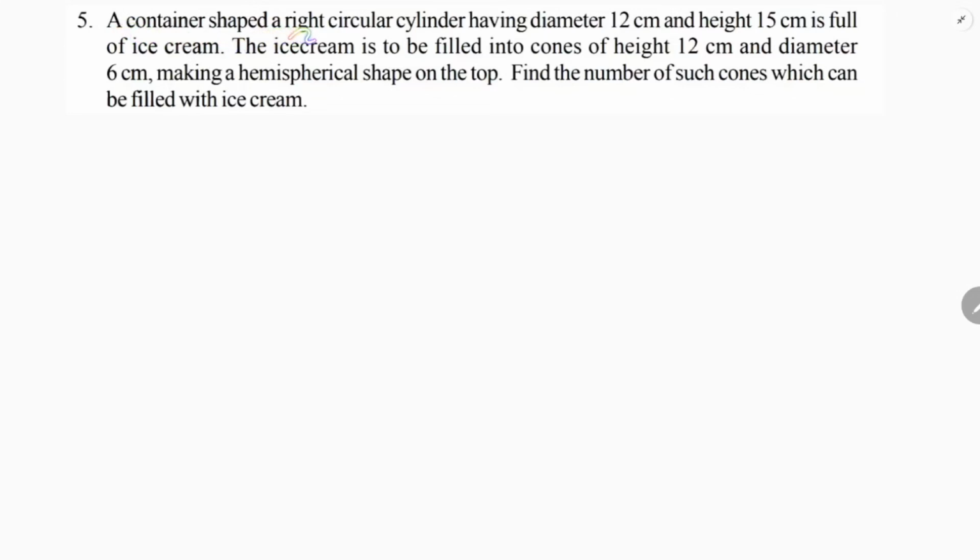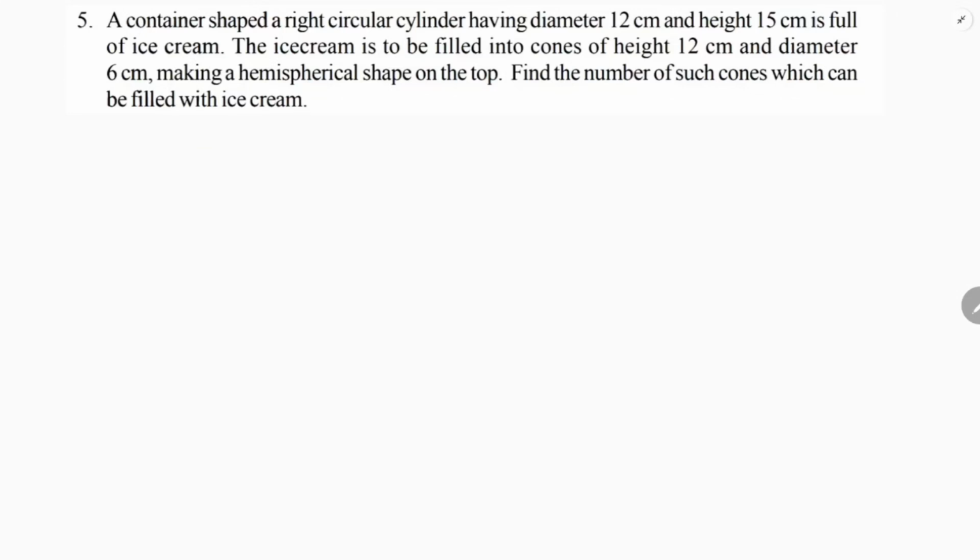A container shaped like a right circular cylinder having diameter 12 centimeters and height 15 centimeters is full of ice cream. The ice cream is to be filled into cones of height 12 centimeters and diameter 6 centimeters, making a hemispherical shape on the top. Find the number of such cones which can be filled with ice cream.